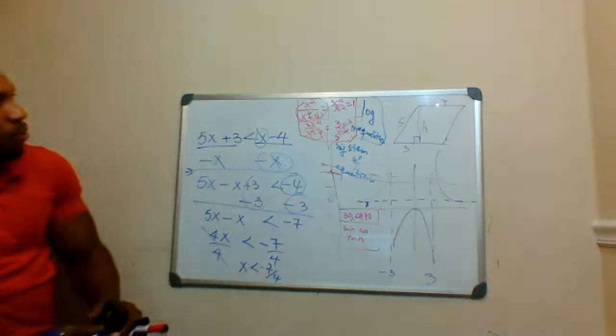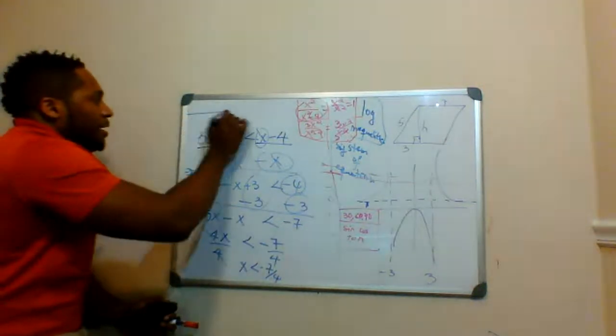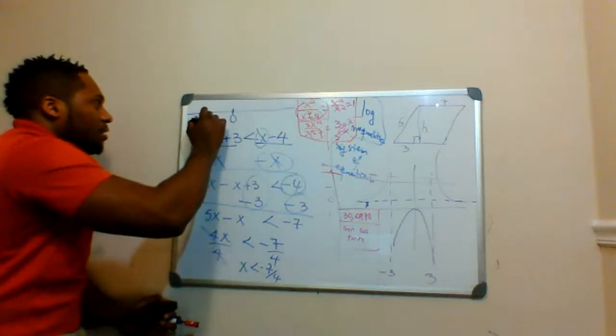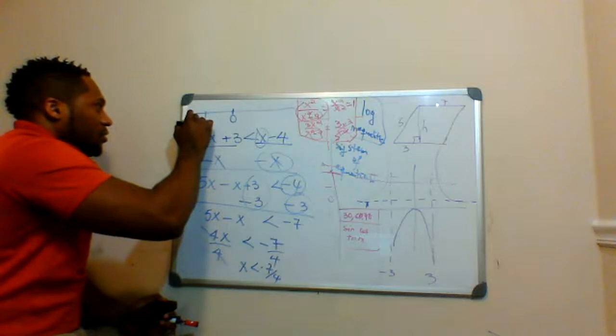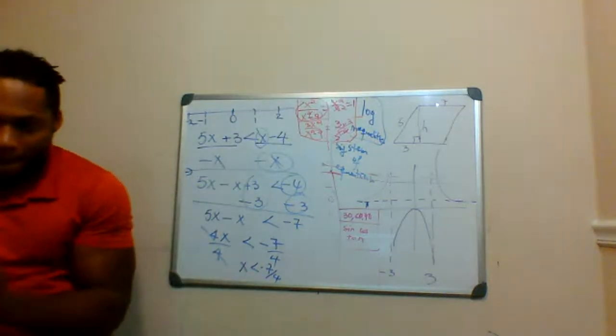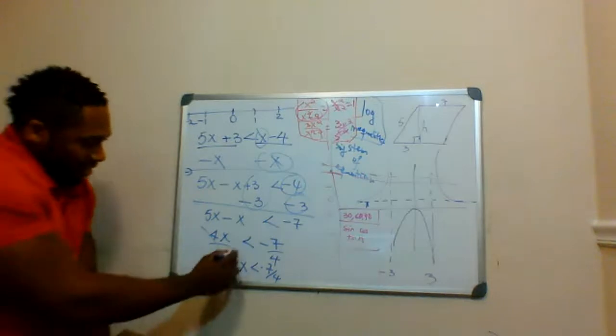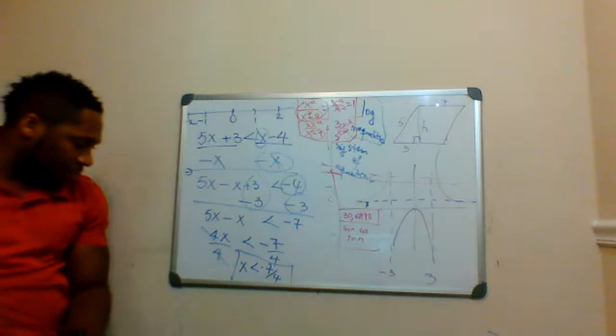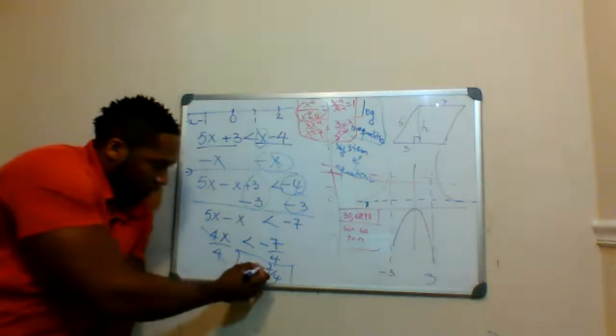So now, what you would do is go to the number line, and then graph this: 0, negative 1, negative 2, 1, 2. So, in order for you to graph this, what is negative 7 over 4 in terms of number?